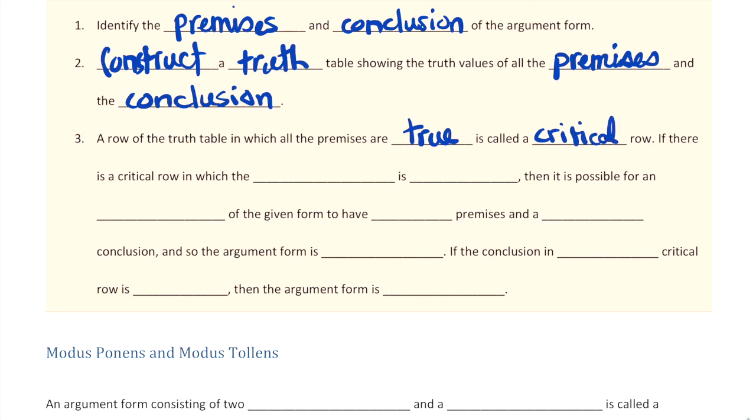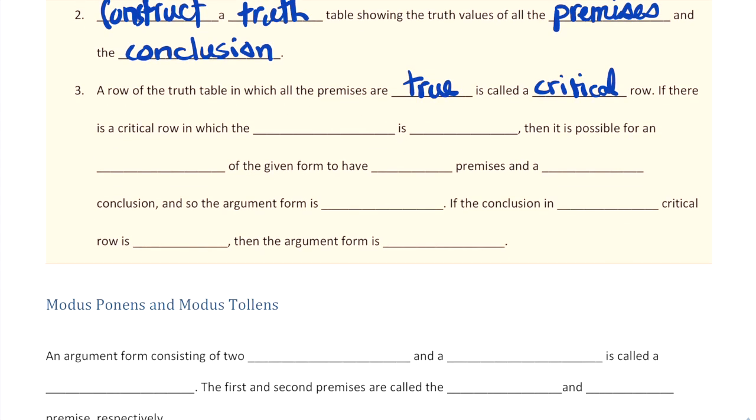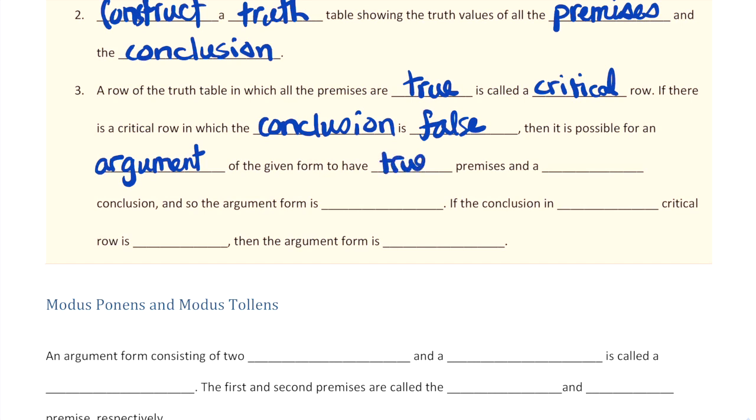Very important. If there is a critical row in which the premises are true and the conclusion is false, then it is possible for an argument of the given form to have true premises and a false conclusion, which we said couldn't happen, right?